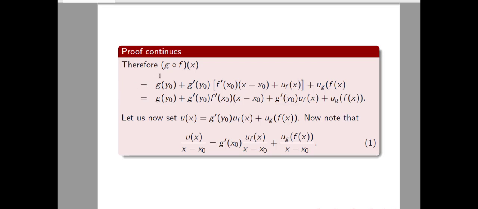Therefore, our g of f of x is equal to g of y naught plus g prime of y naught times square brackets of f prime of x naught times x minus x naught plus u sub f of x, close square brackets, plus u sub g of f of x. Okay, left off a parenthesis there, sorry.